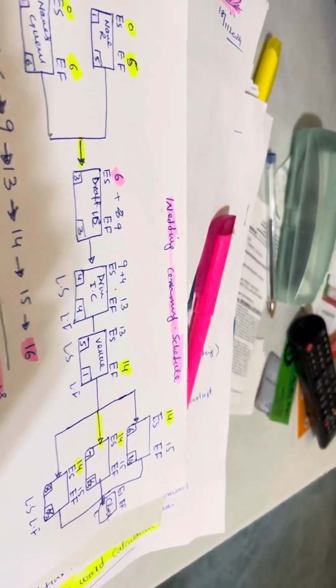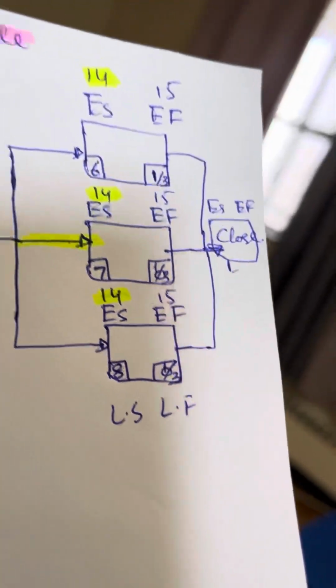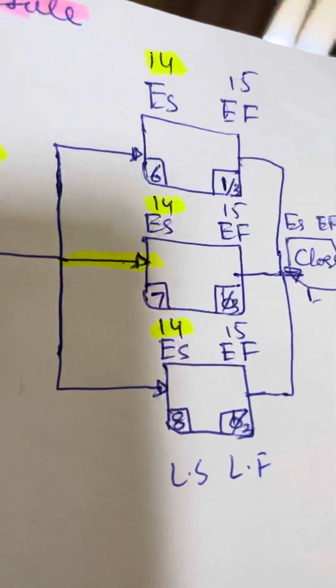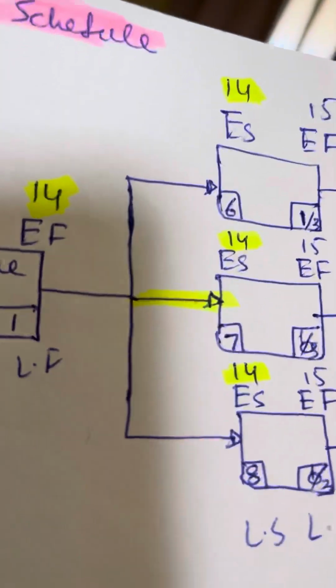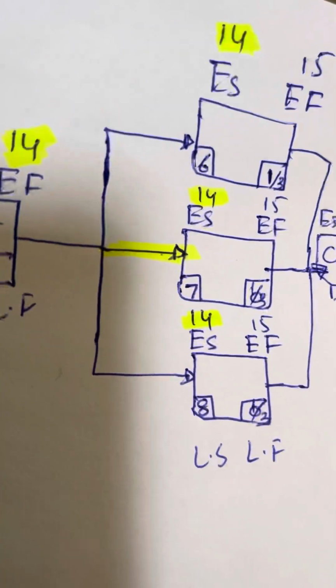It's just a general idea for understanding. So for all these three activities, the latest finish will be day 15. And then you minus one day. So for all these three activities, the latest start will be day 14 in the project, in the marriage ceremony.